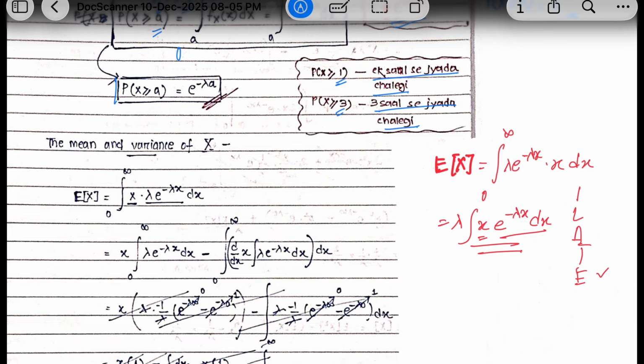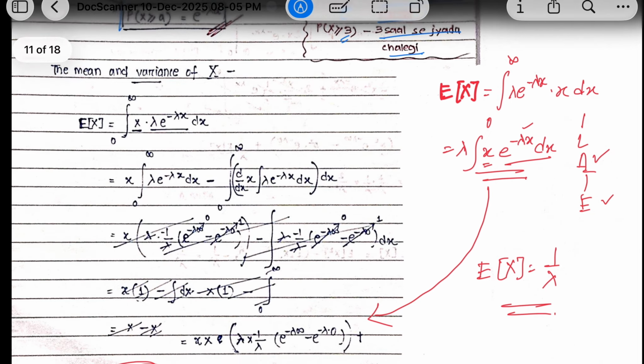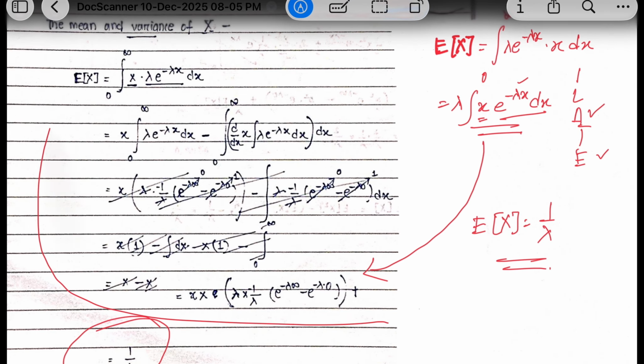The exponential will be last and the algebraic will be first. So you need to put the values, and you will get the value of the expectation as 1 by lambda. I can prove this one, but I need you to do it, and the explanation is also given.